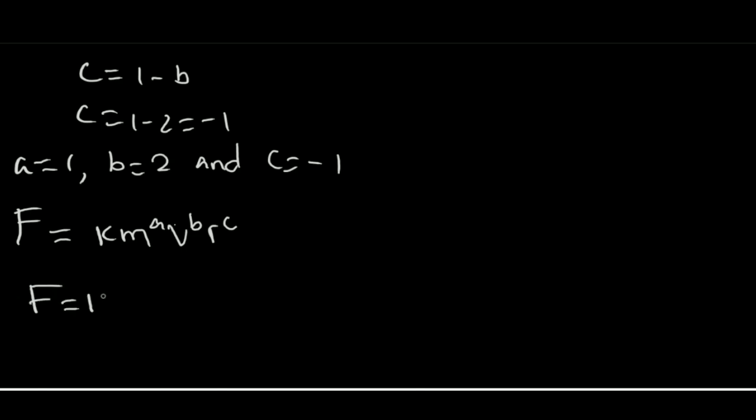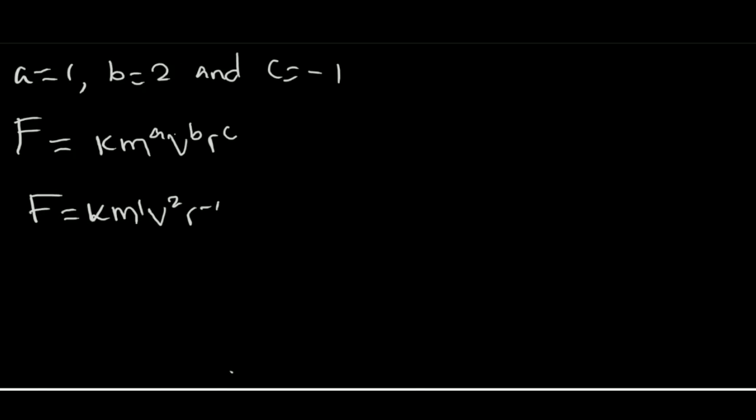So I'll write my k, I have my a, I'll substitute with the 1, then v, substitute with the 2, then r, I'll substitute with the negative 1. So we understand that a base to the power 1 is that same base, so I have my f equal to k, m, v to the power 2.